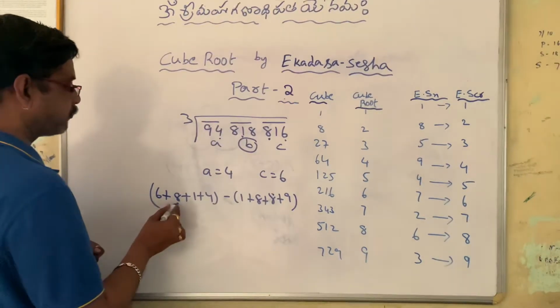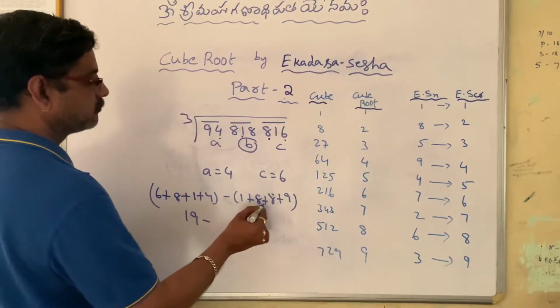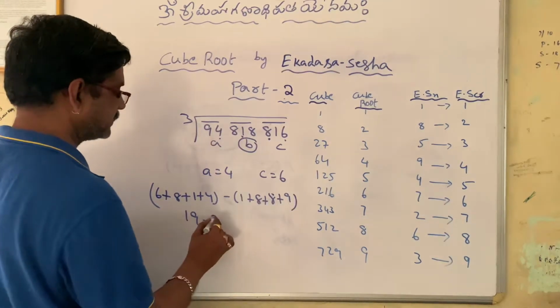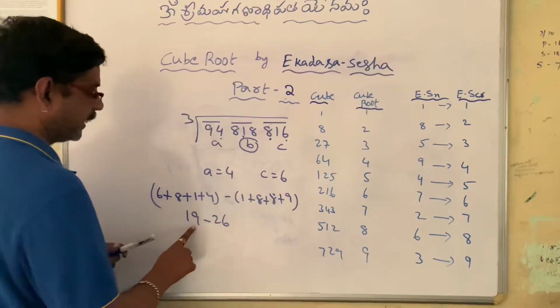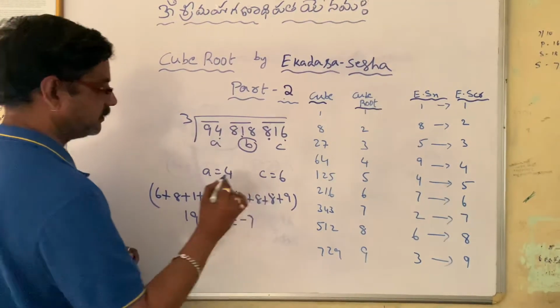So 6 plus 8 is 14, 15, 19. Here 16, 17, 26. So 19 minus 26 is minus 7.